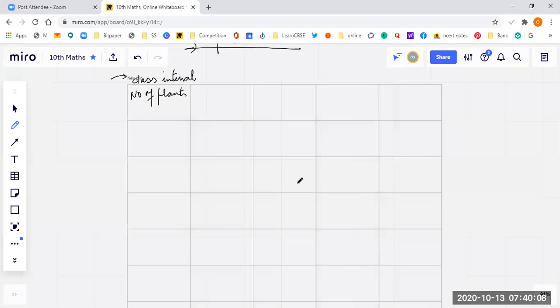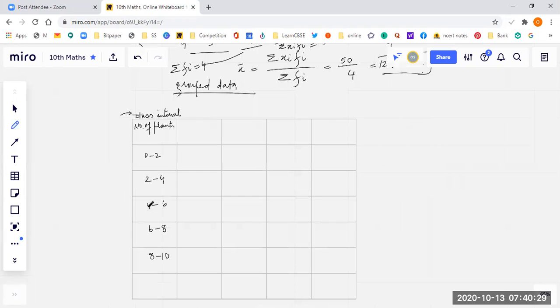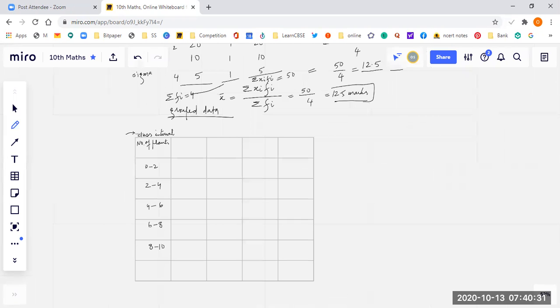In the language of statistics, we call it class interval, and actually it's the number of plants. So it's like 0 to 2, then 2 to 4, 4 to 6, 6 to 8, then 8 to 10, and then we have 10 to 12, and we also have 12 to 14.